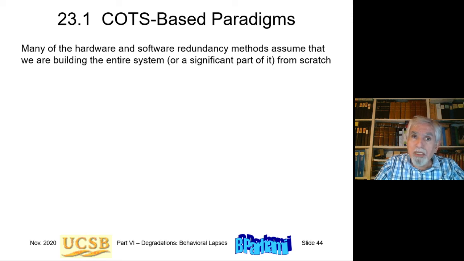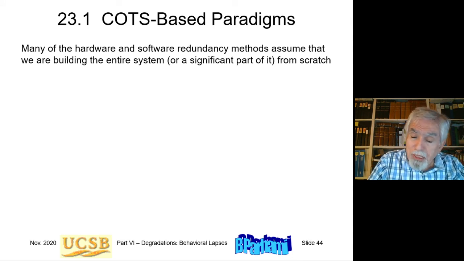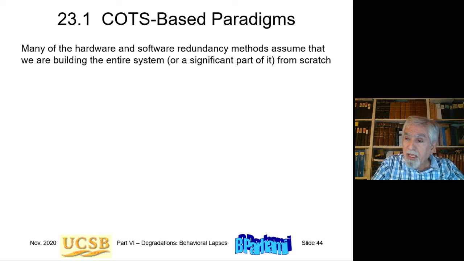In other words, you design a system that is fault tolerant because you build fault tolerance capabilities into it. This is a pretty expensive process, and not every organization can afford that. Organizations such as NASA and the Department of Defense have huge budgets and can afford to build their own custom-made systems. For the rest of applications, we prefer to build systems from commercial off-the-shelf components that are much cheaper.